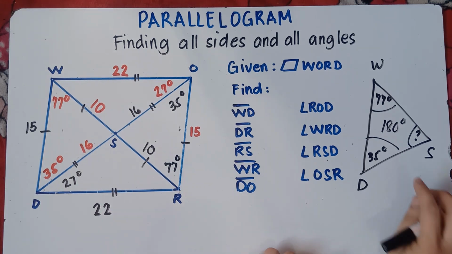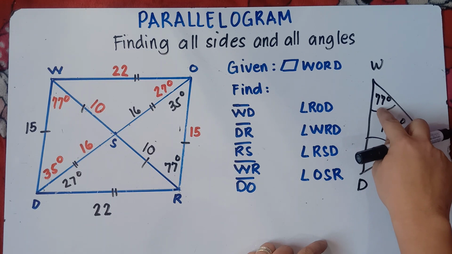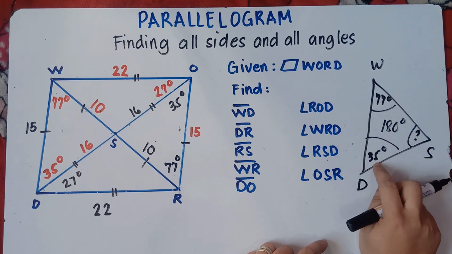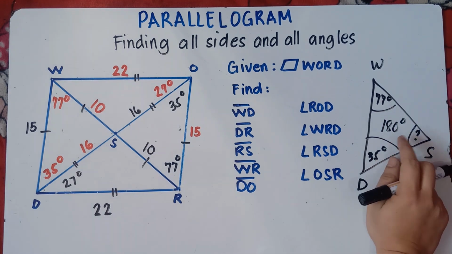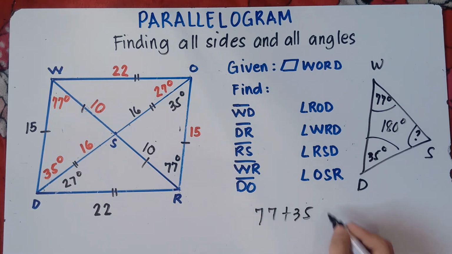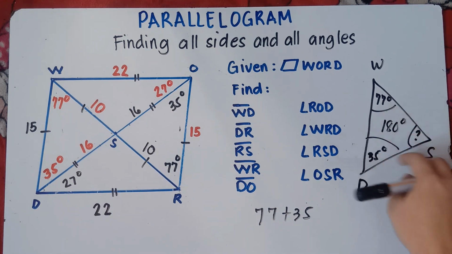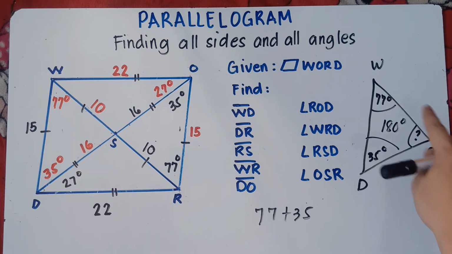Therefore, we need to add 77 and 35, and then subtract the sum from 180, so that we can get this angle.